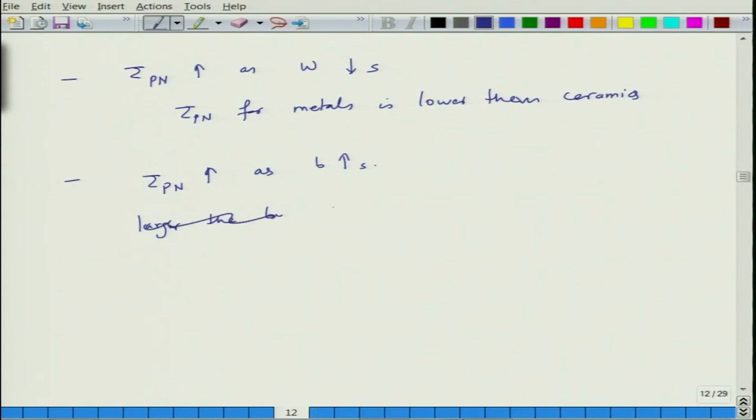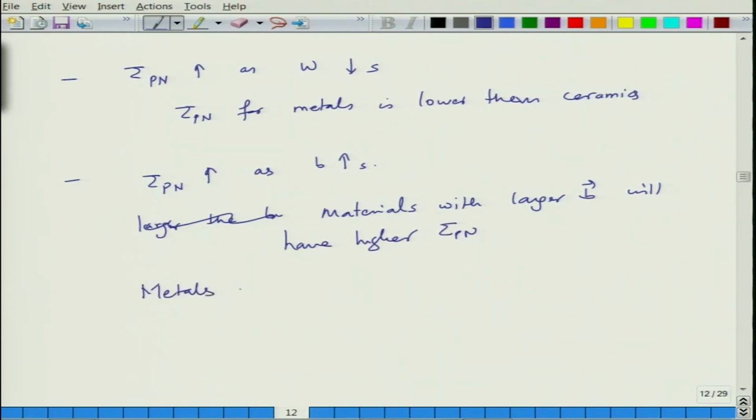So, materials with larger B will have higher tau Pn. Metals' Burgess vector is smaller than ceramics' Burgess vector, because the Burgess vector goes from one atom to another atom of the same type.